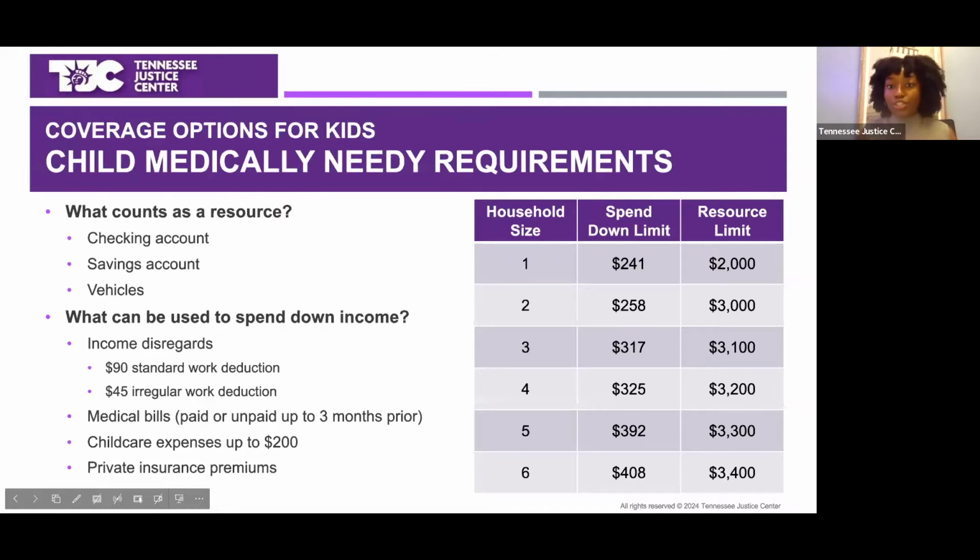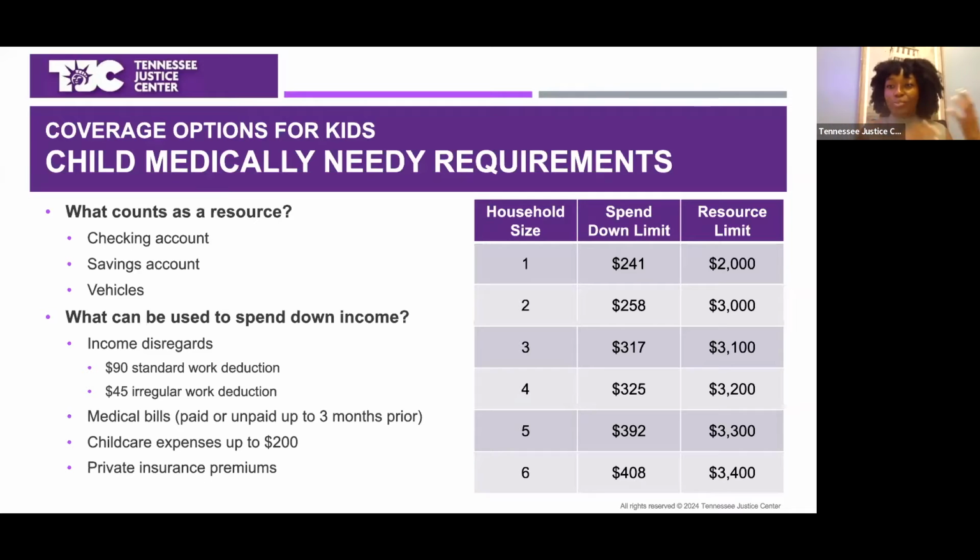So diving more into these resource and spend down limits, what is a resource? A resource could be anything such as a checking account, a savings account, retirement accounts, vehicles. And with retirement accounts, not all retirement accounts count as a resource. For example, if your retirement account is tied to your employment and you can't access it because you're an employee there, that would not count.